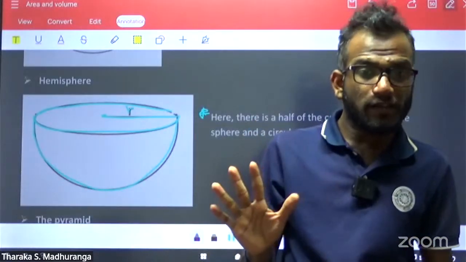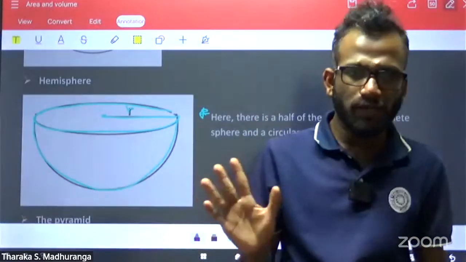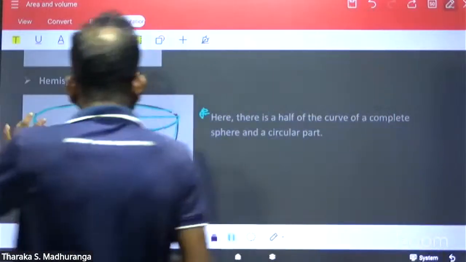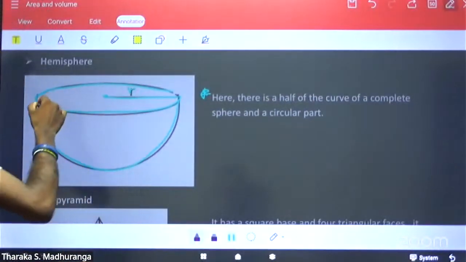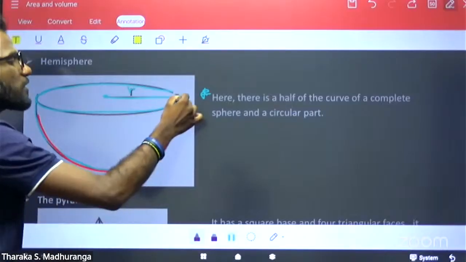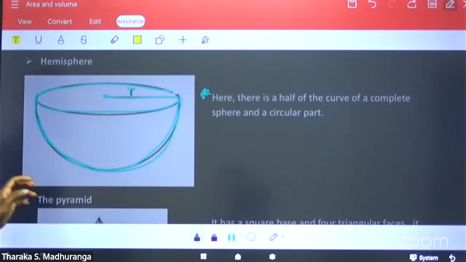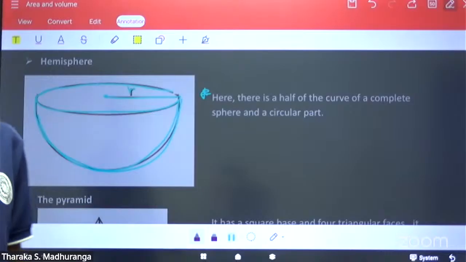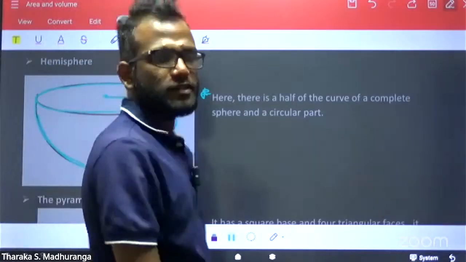Not 2 pi r squared. Okay, this is the curved surface. Others, what is the equation? Yes, Fatima, correct.